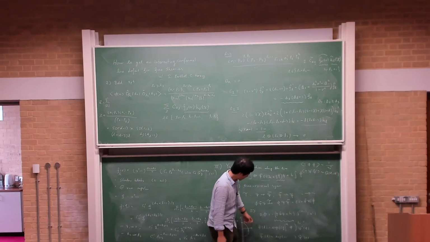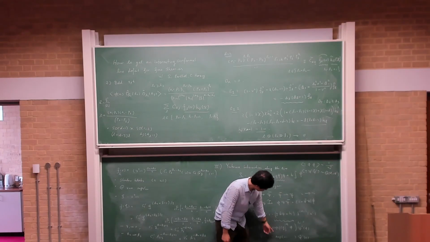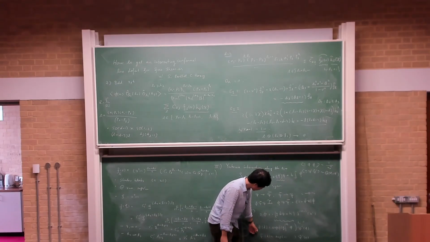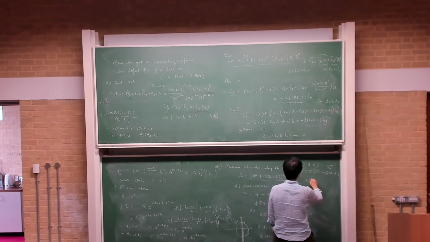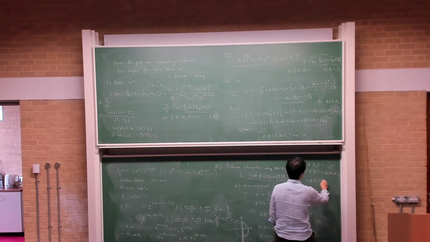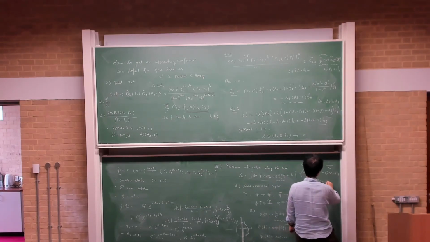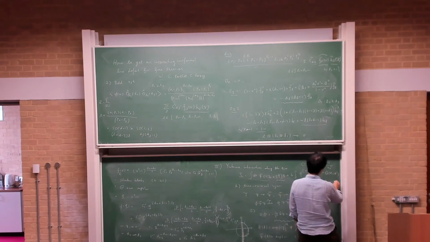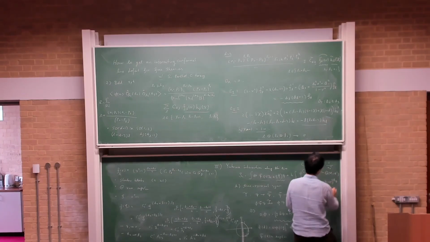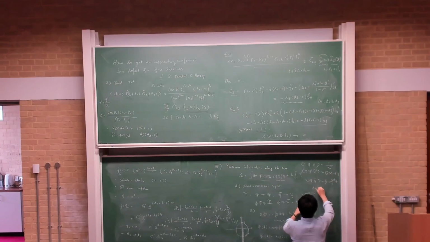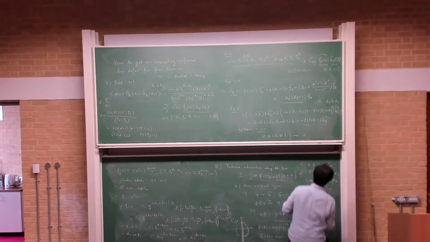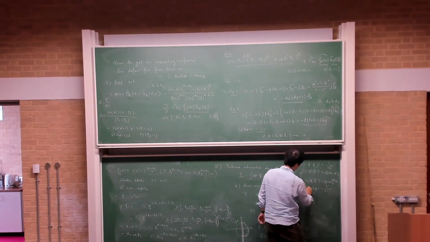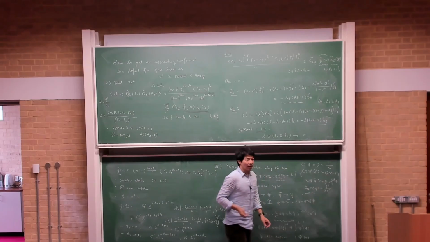Then we use this field redefinition, and we can get psi bar. It will now look like t minus t prime with the scaling dimension minus 2 delta psi, and delta psi will be g squared over 8 pi squared. The same goes for psi bar.